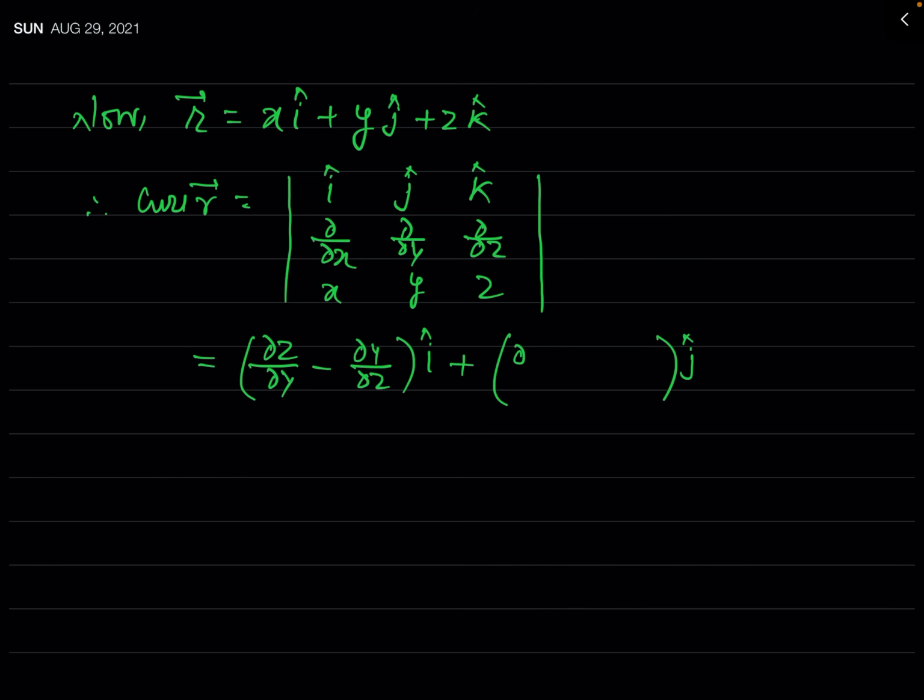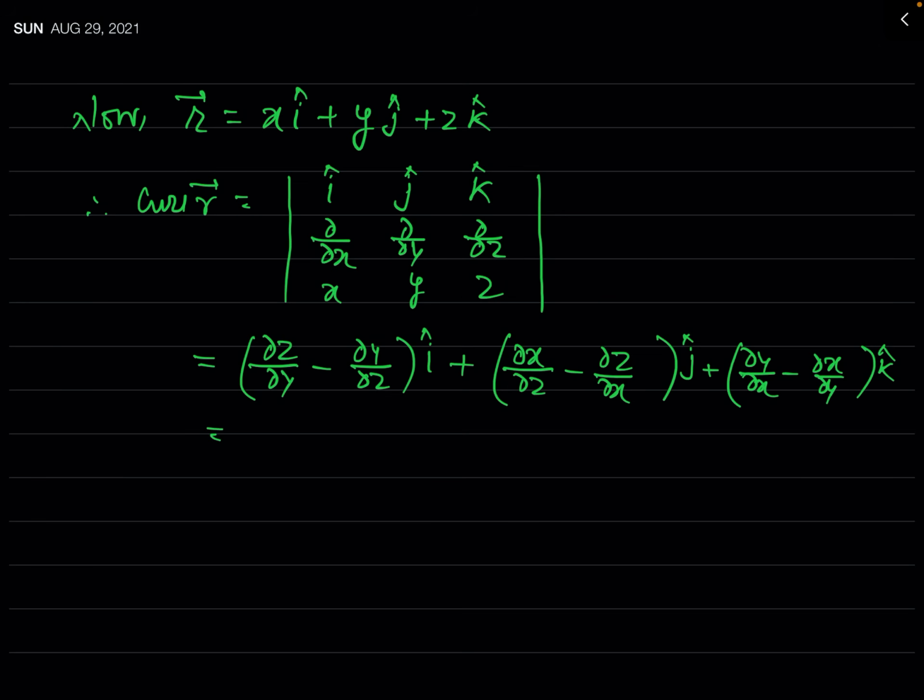This will be del x by del z minus del z by del x and plus. Now the last term for k, this will be what? You can see easily. This is del y by del x minus del x by del y. Now you know x, y and z are independent variables.